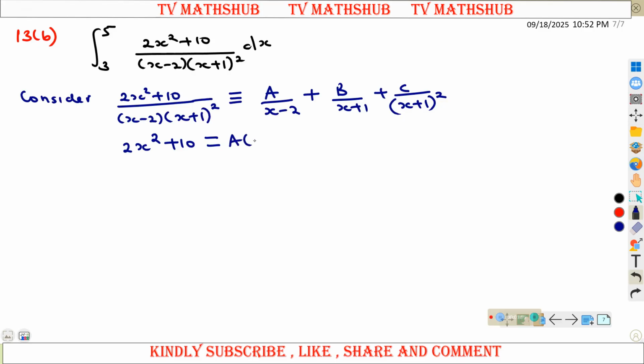So you have a into x plus 1 squared, then plus b into, so our LCM is this, the same LCM we shall be using here as well. When you have x minus 2 into x plus 1 squared, you divide it by this, you get x minus 2 into x plus 1, then plus c into, LCM divided by this, you get x minus 2.